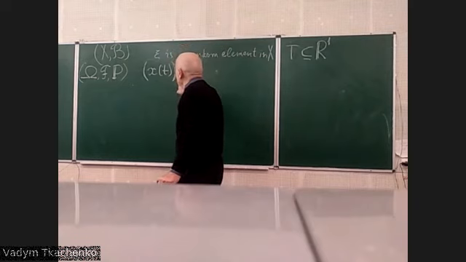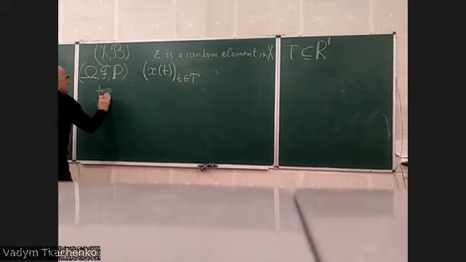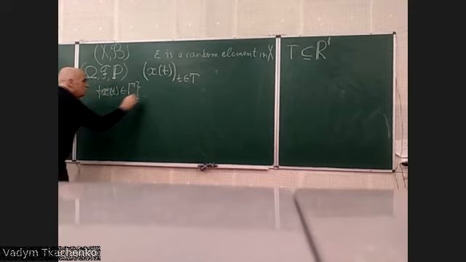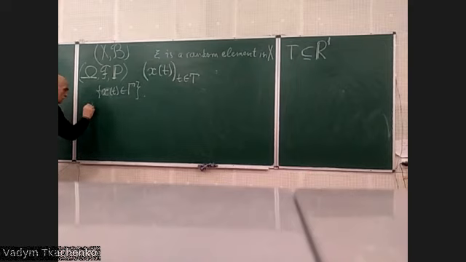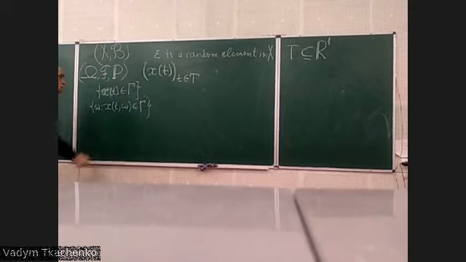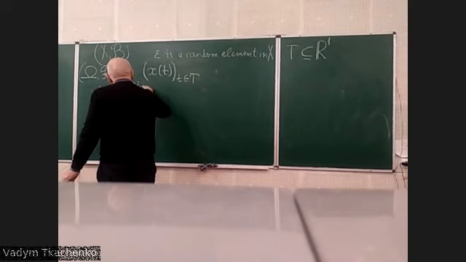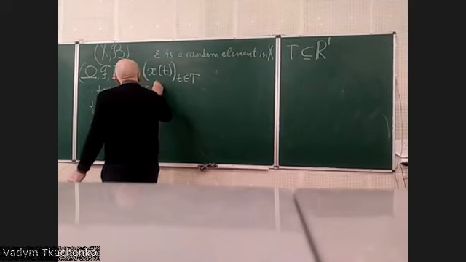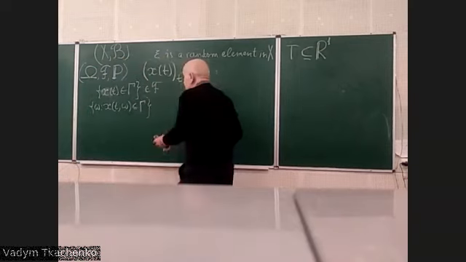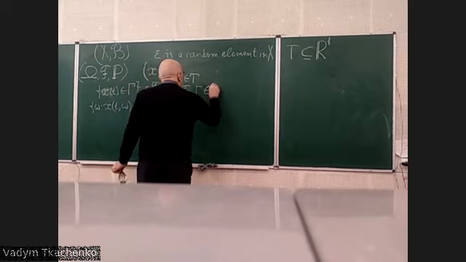So for any fixed t, X(t) is a random element, which means that the set of all omega for which X(t, omega) belongs to gamma is an event. This is the short notation for this event. This set belongs to F, for any t from T and for any gamma from B.